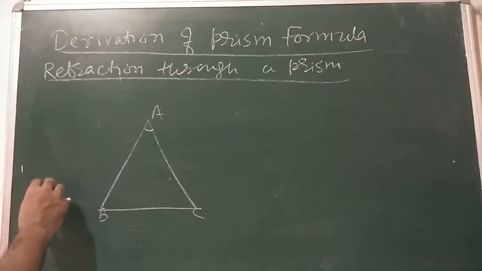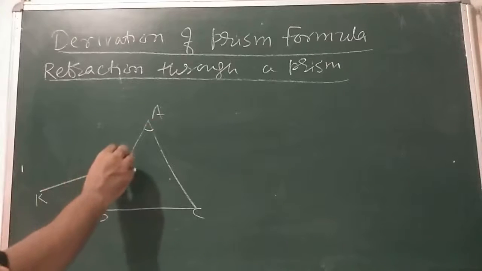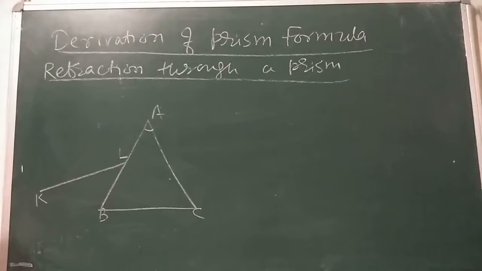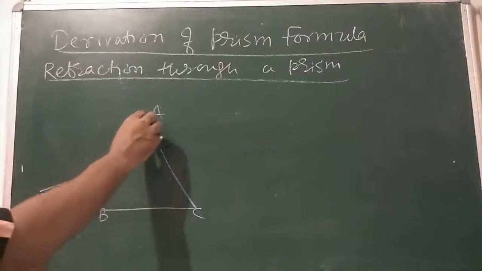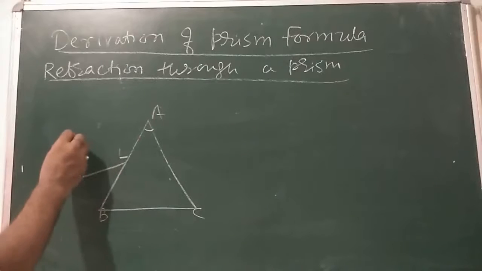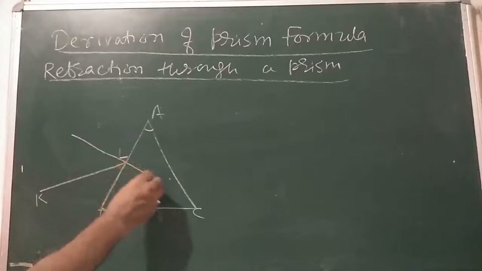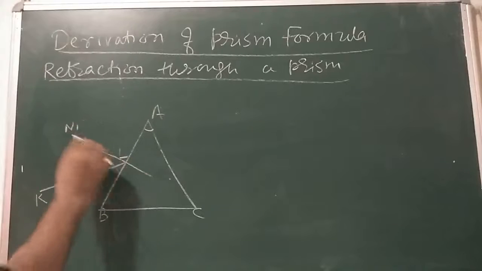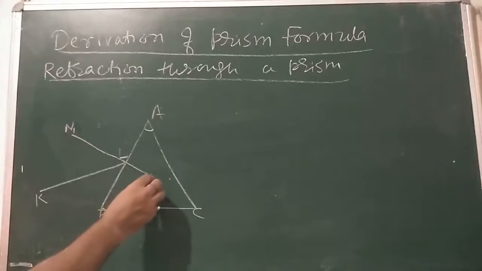A ray of light, say KL, is incident on this face AB of the prism. Here the normal is N1O.